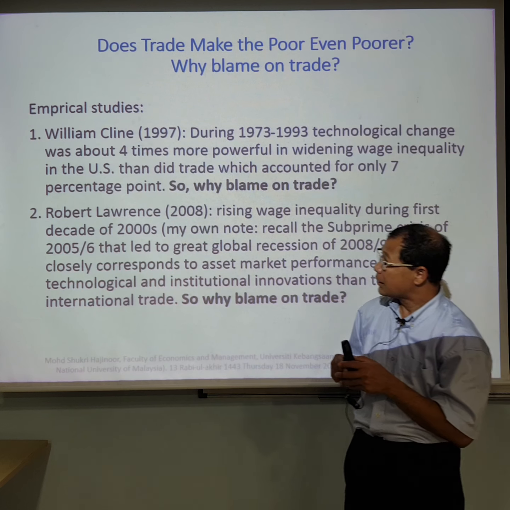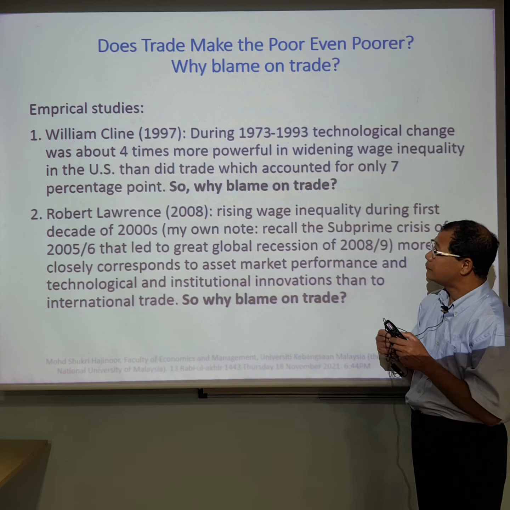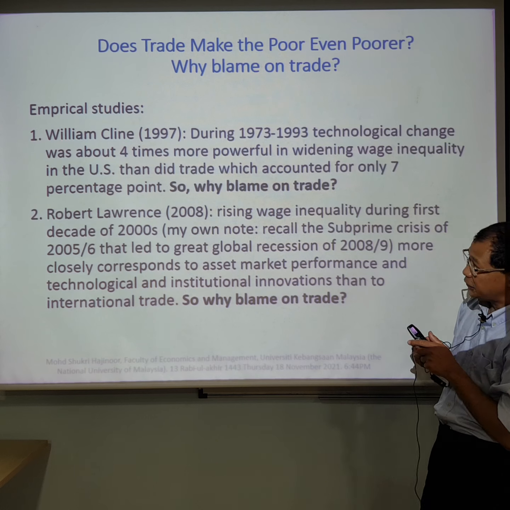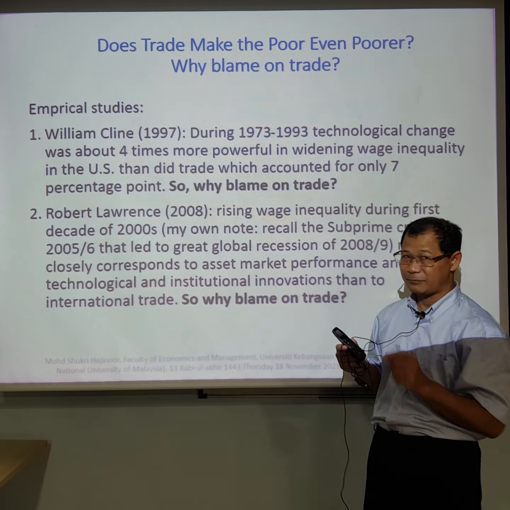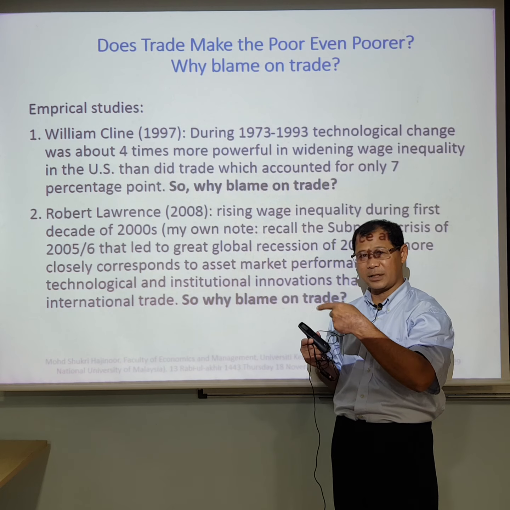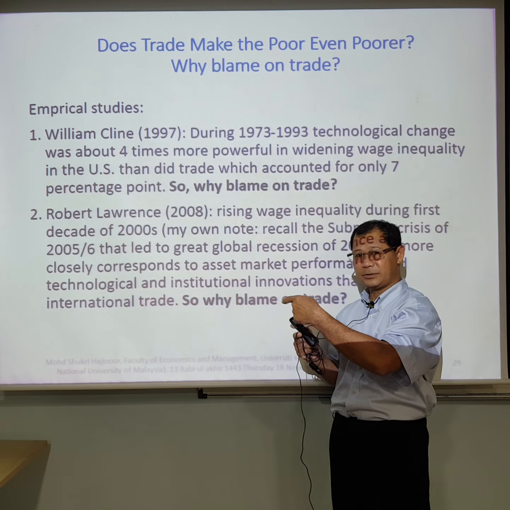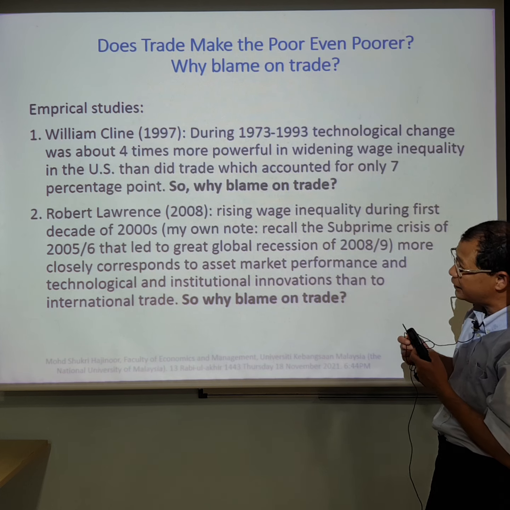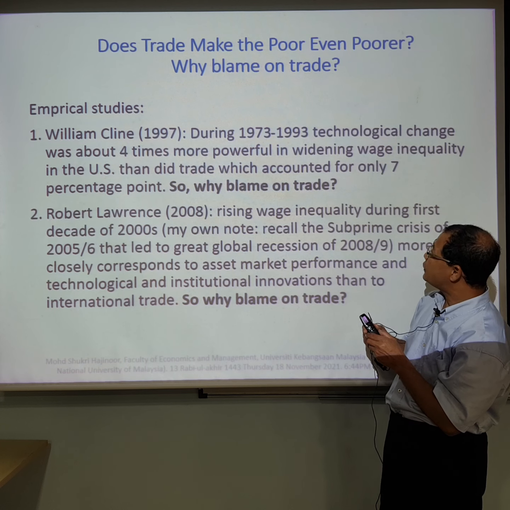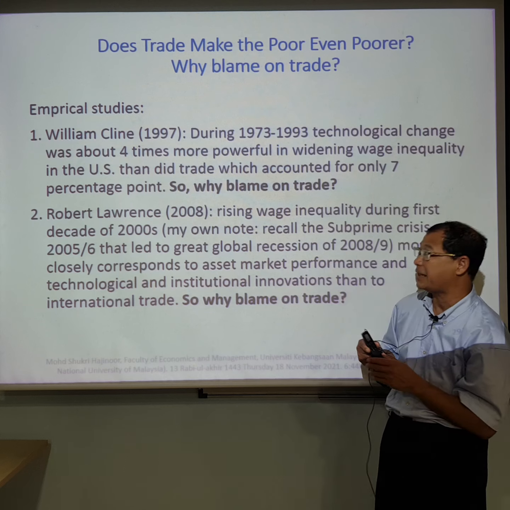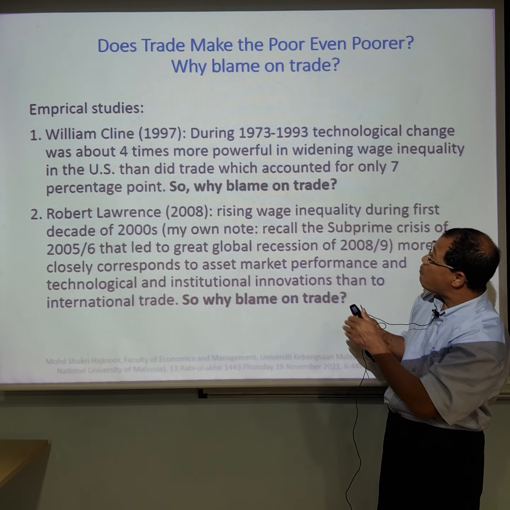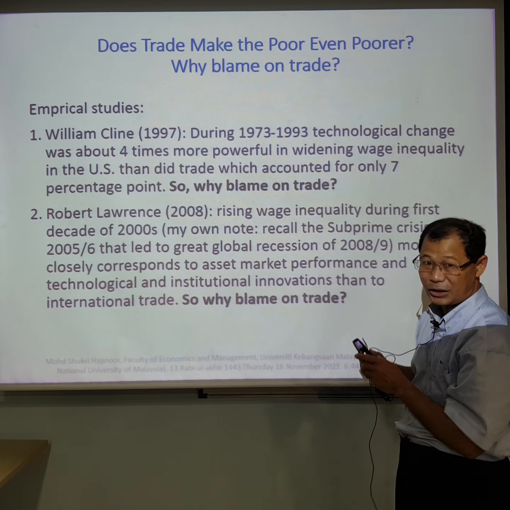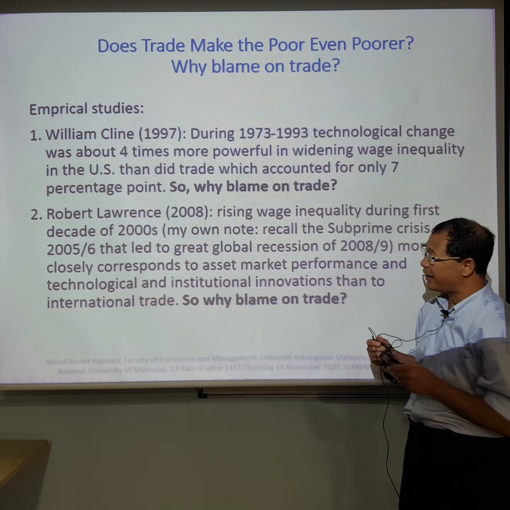So, empirical study: Klein, 1997, found that during 1973 until 1993, tax change was about 4 times, 400%, more powerful in widening wage inequality in the United States than trade, which accounted for only 7 percentage points. It was more a result of the tax change, not simply because of trade. So why blame trade?